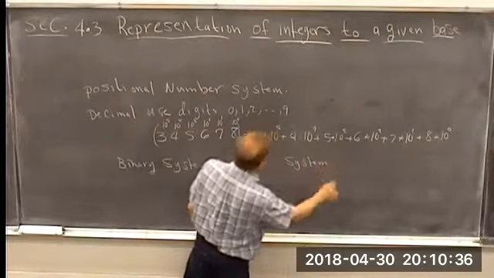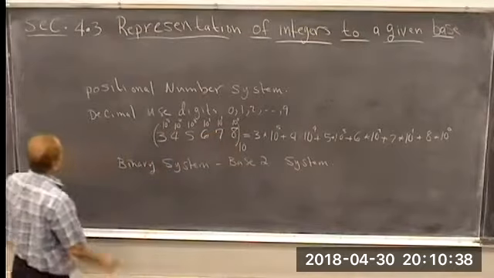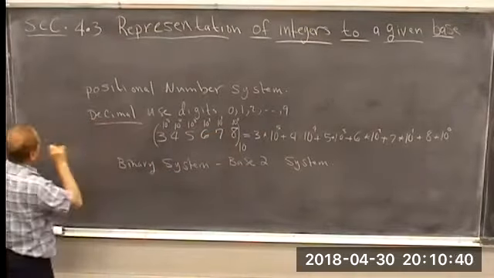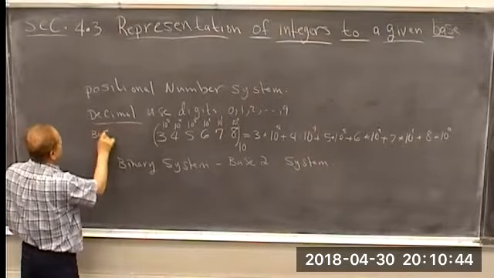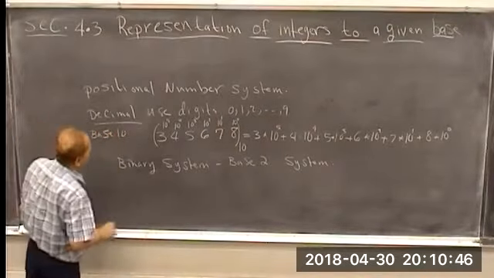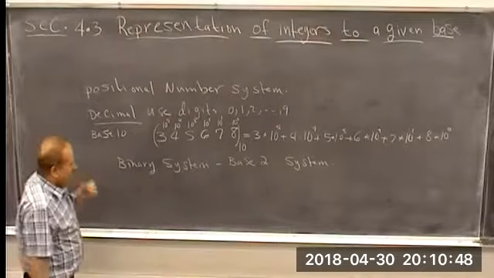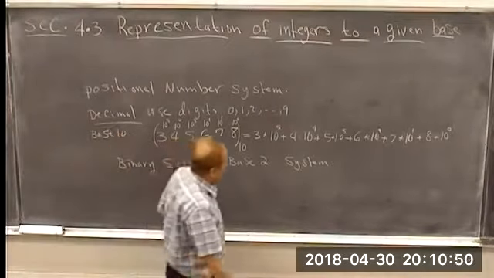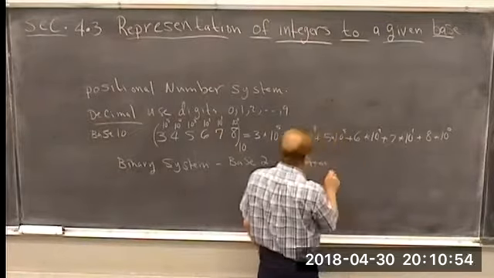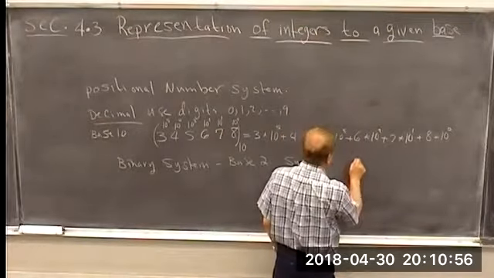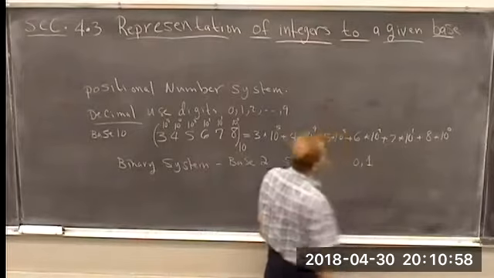The decimal system we also call base 10 system. And in the binary system, we actually use 2 digits, 0 and 1.